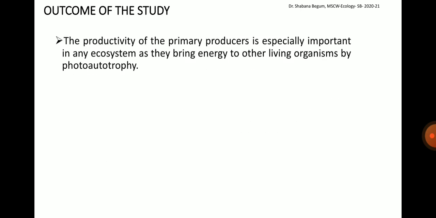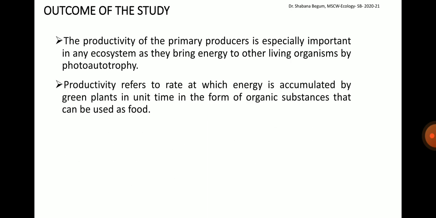Finally, the outcome of the study. The productivity of the primary producers is especially important in any ecosystem, as they bring energy to other living organisms by photoautotrophy. It refers to the rate at which energy is accumulated by green plants in unit time in the form of organic substances that can be used as food.